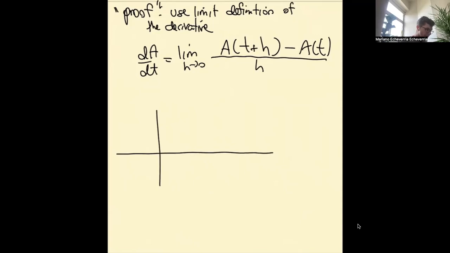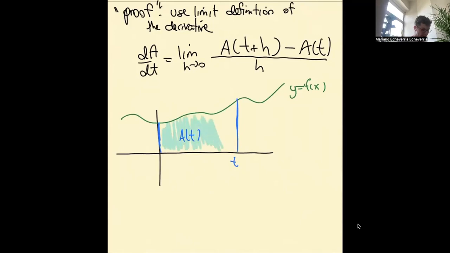Well, if you had a function y equals f of x, then here's t. So A of t is going to be all this area, the area from 0 to t.